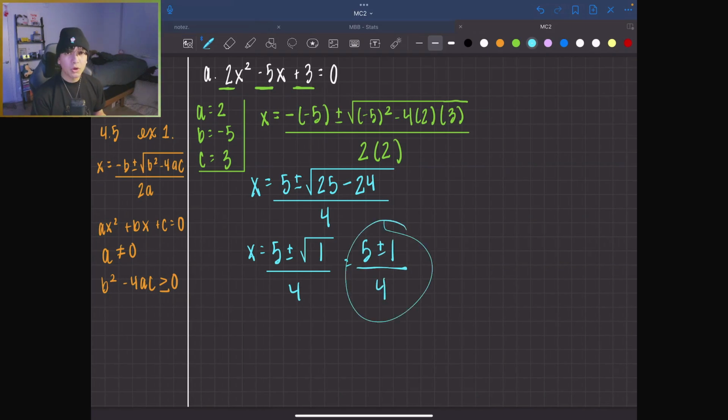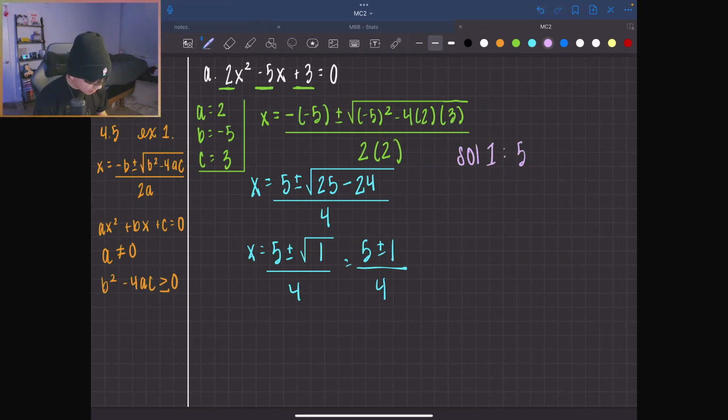So notice here, we're going to have two solutions. What is our first solution going to be here? Our first solution can be 5 plus 1 over 4, which is 5 plus 1 is 6 over 4. And we could simplify 6/4 into 3/2. So 3/2 is our first solution if we add.